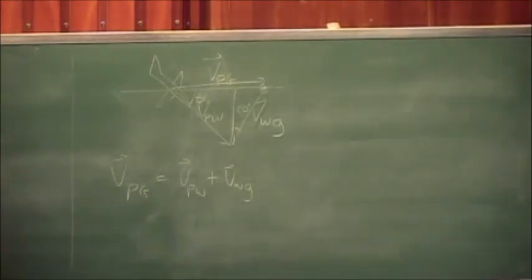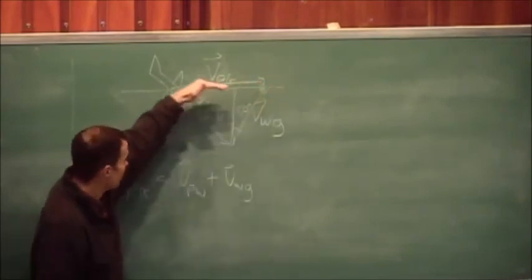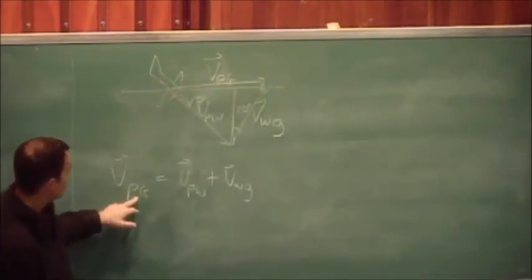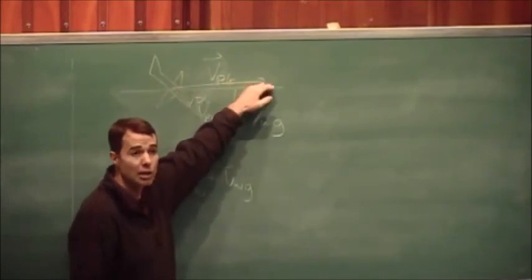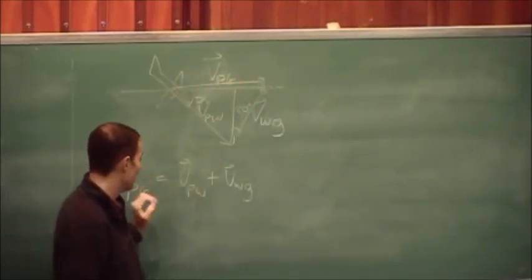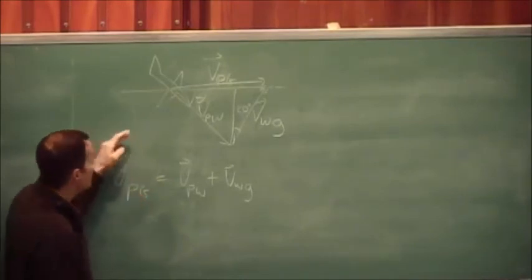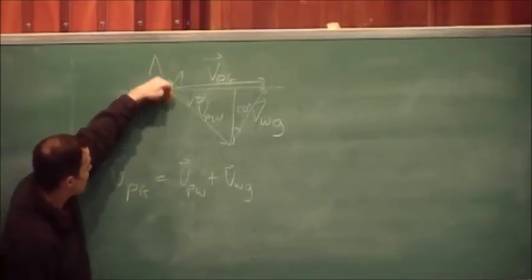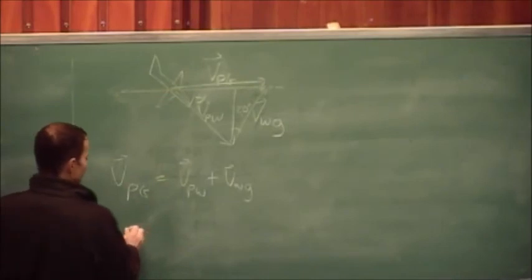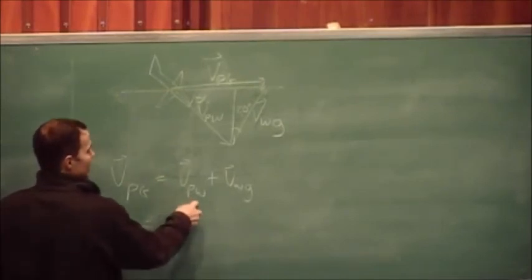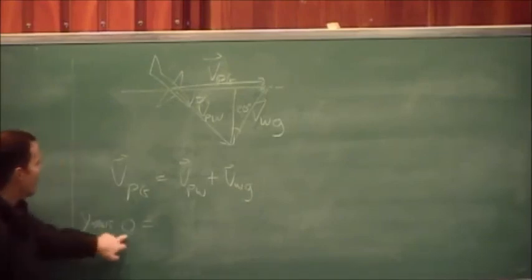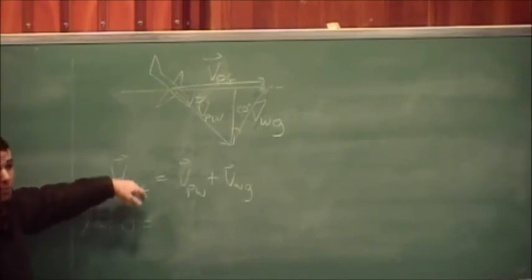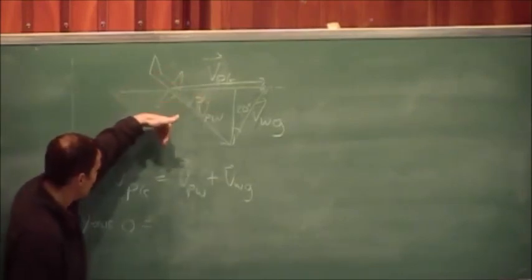Then we break it up into two components, right? There's a component of this plane that's moving along the x-axis. So we're going to find the V_PG is all of its velocity is in this direction. So we don't need to worry about breaking that up into components. There's no component of V_PG in this direction, so we're going to say simply that this is 0. And then we take the components along the y-axis. Right, along the y-axis, there is no V_PG. The projection is that there's nothing along the y-axis.